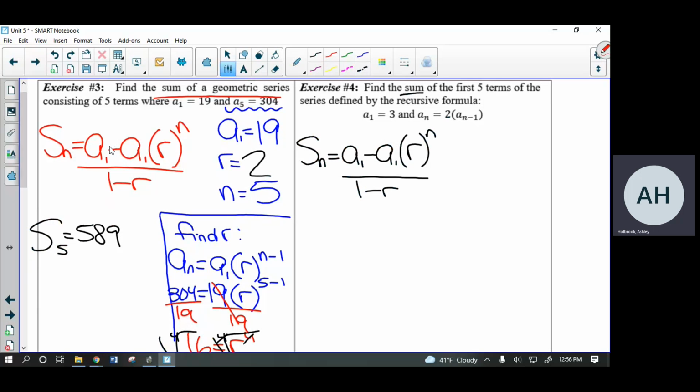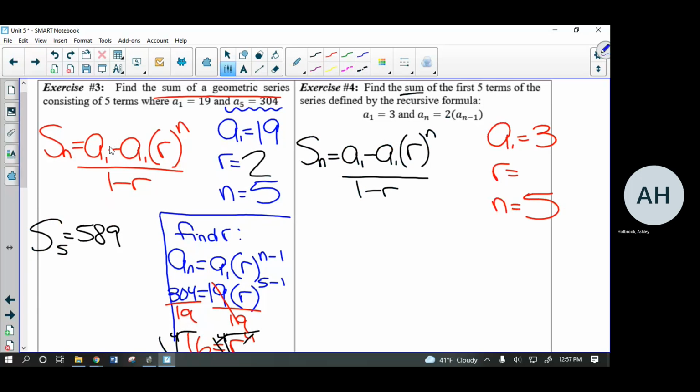It does give you all the information, it's just hidden. I can clearly see what the first term is. It says A1 is 3. That one's very obvious. I also know that I need R and I need N. In the directions, it says find the sum of the first 5 terms. What letter would that be? N. That's how many terms there are.